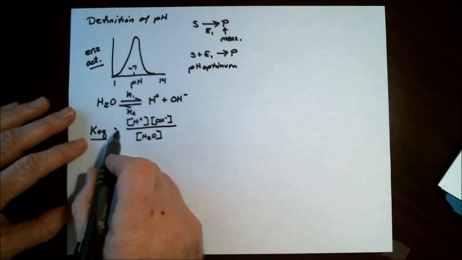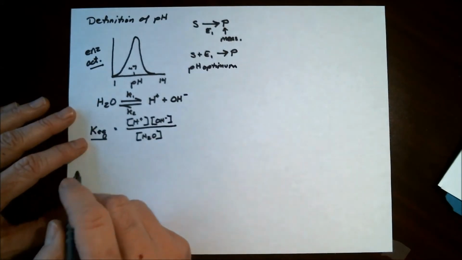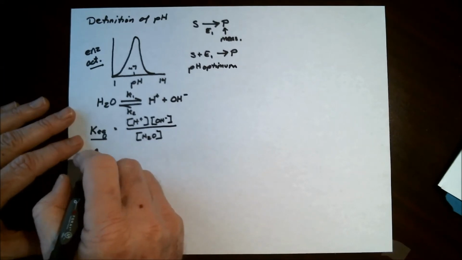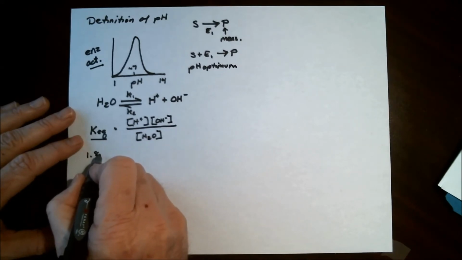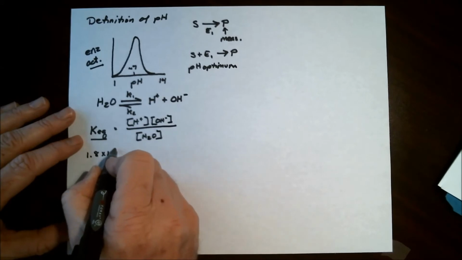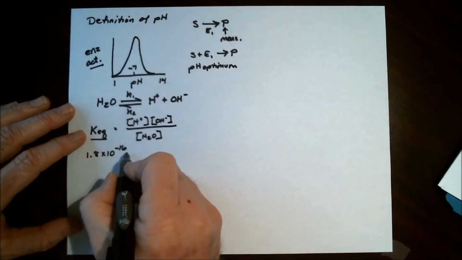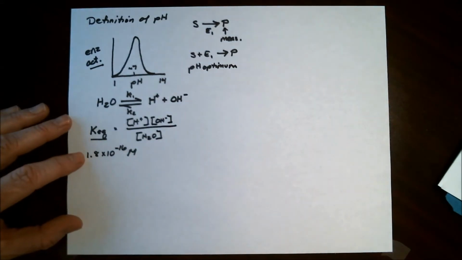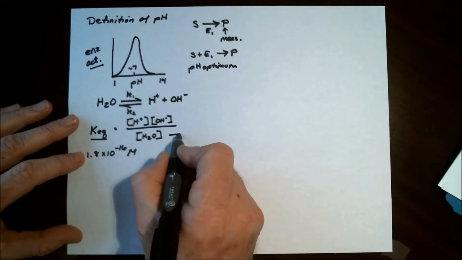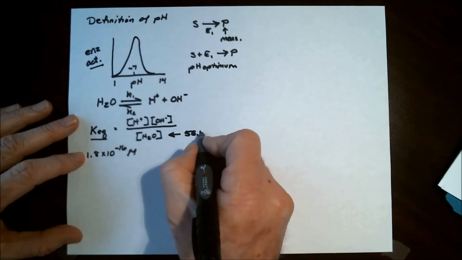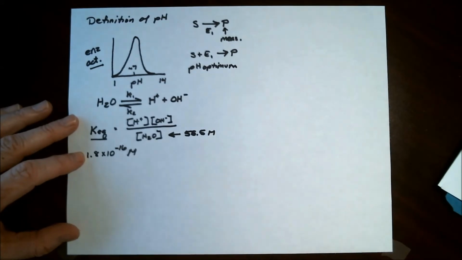Now, we know inherently, intuitively, that this reaction is not very productive. So when the equilibrium constant is measured, it's actually 1.8 times 10 to the minus 16th molar. Now, the concentration of pure water in the reaction is 55.5 molar.